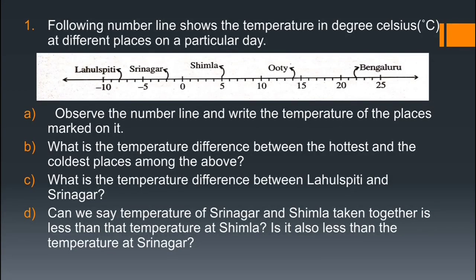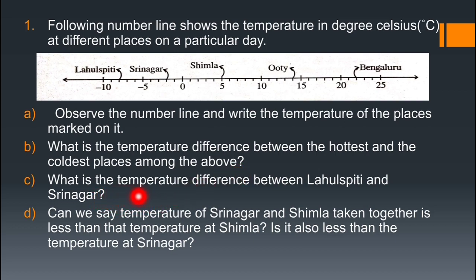Now students, our first problem is: the following number line shows the temperature in degrees Celsius at different places on a particular day. First, observe the number line and write the temperature of the places marked on it. Second, what is the temperature difference between the hottest and the coldest places among the above?